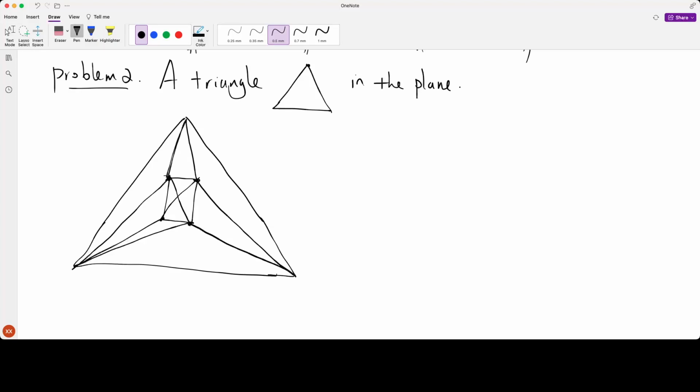So what I do is that I want to use 3 colors to color the vertices, to color the points. All the points, special points, this kind of points. This point, this point, this point. I want to use 3 colors to color the points in this triangulation.